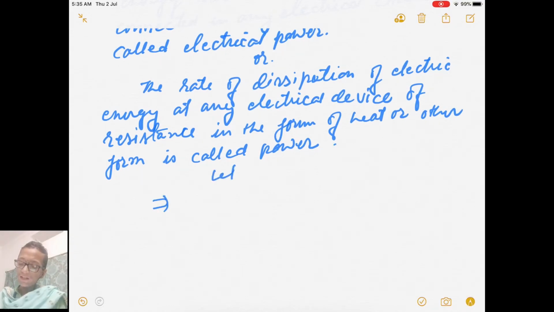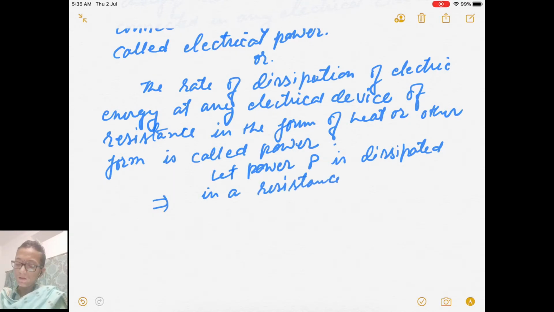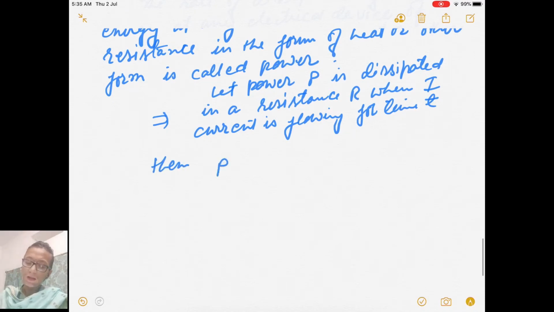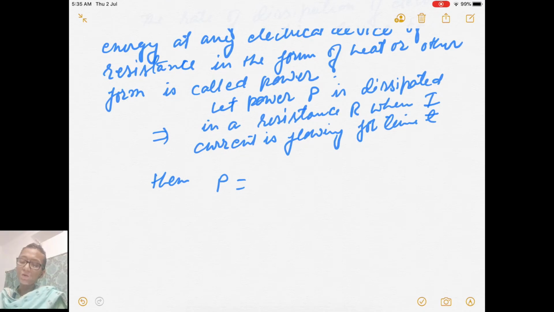It implies that if power P is dissipated in a resistance R when current I is flowing for time t, then power is equal to the rate of dissipation of energy, that is, energy per unit time.